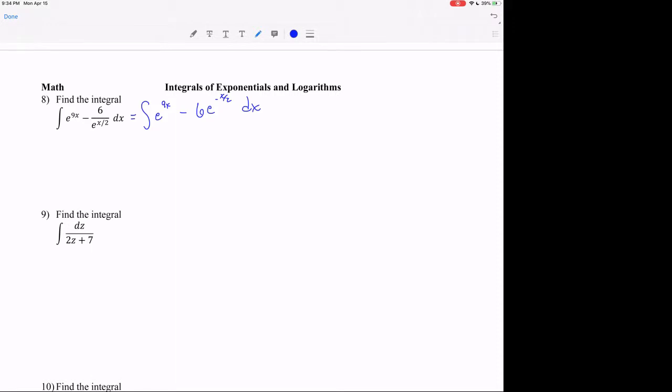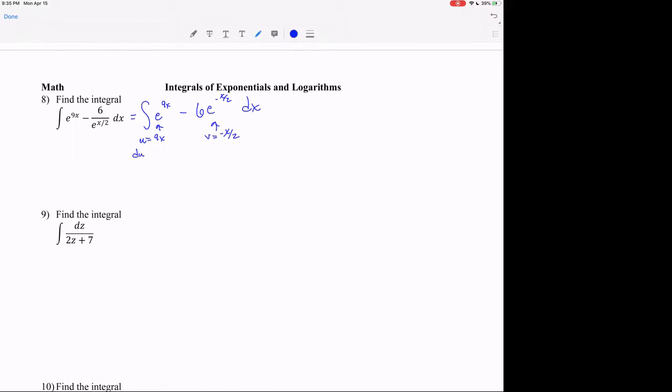All right. So here, you can separate these into two separate integrals. What I would do is let u equal 9x and let v equal minus x over 2.